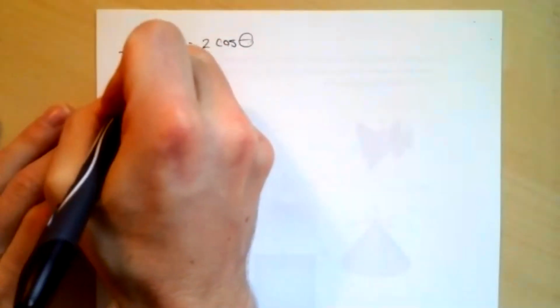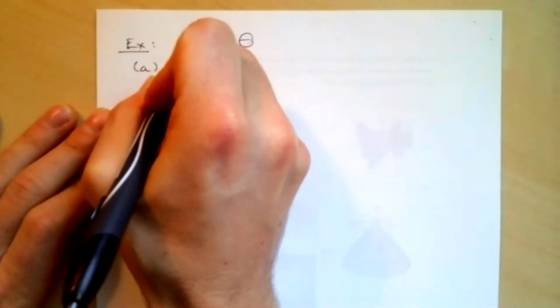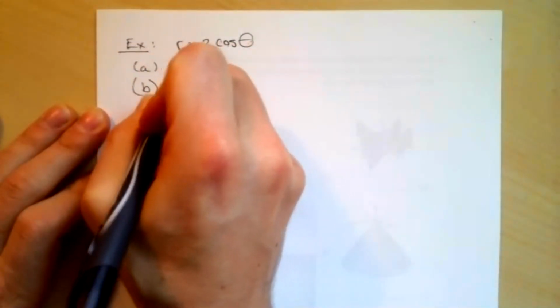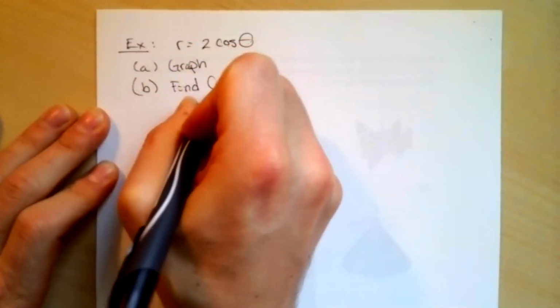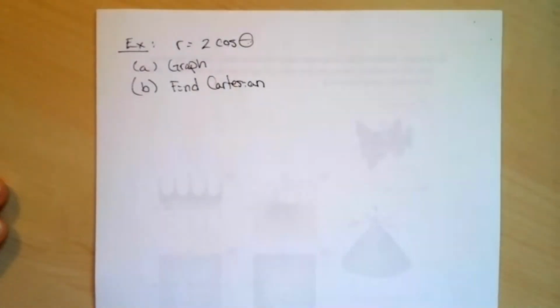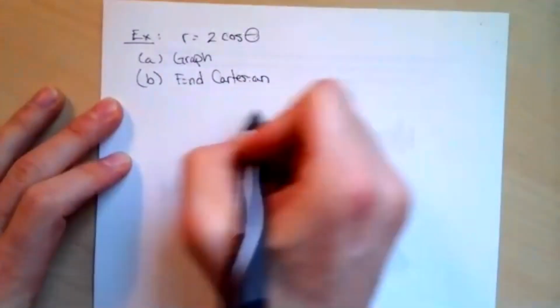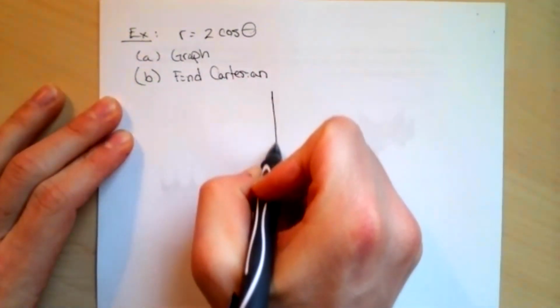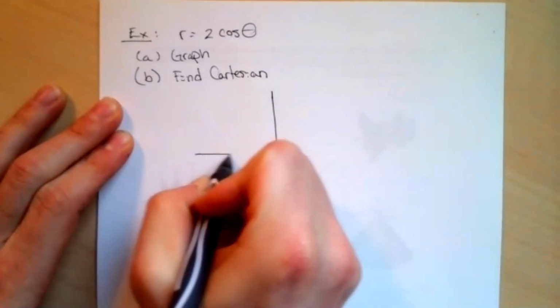So let's graph. And then the other thing let's start working on is finding Cartesian equations. So graphing, this one will be a little harder to graph.